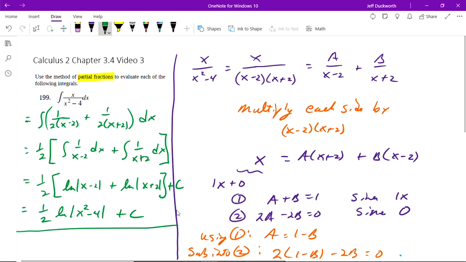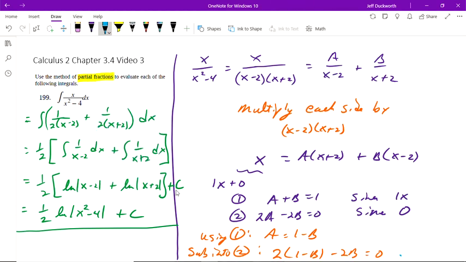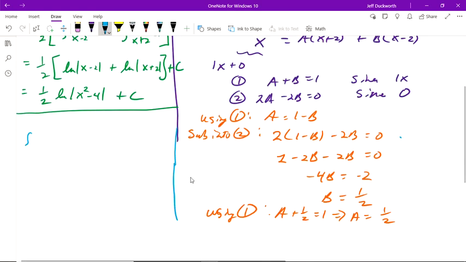Now, if we were just going to do this as a normal fraction, we know the integral of x over x squared minus 4, we can just let u equal x squared minus 4.